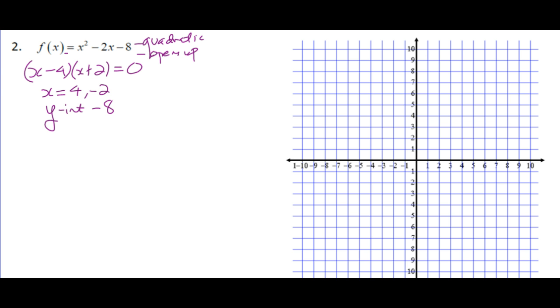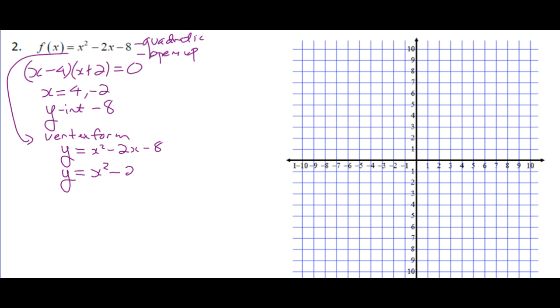And if we want to put that into vertex form, then what do we do? y equals x squared minus 2x minus 8. Half of 2 is 1, so it's (x minus 1) quantity squared.